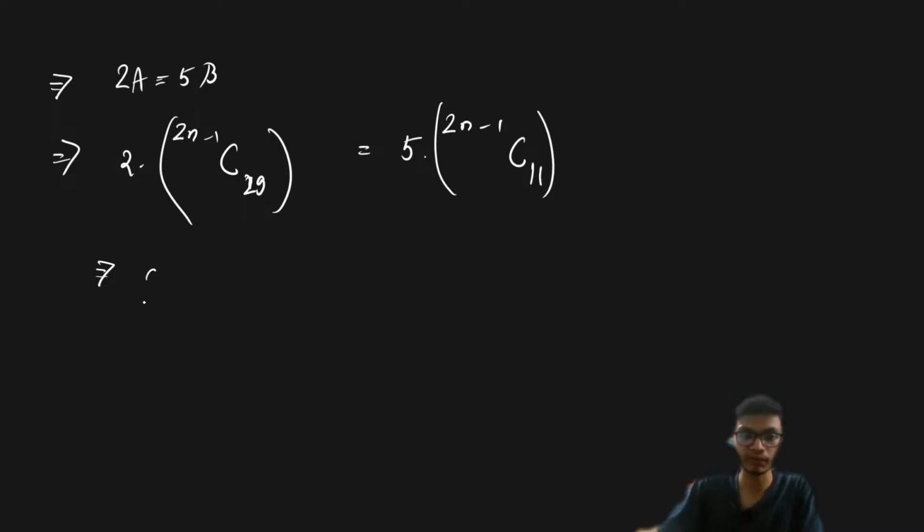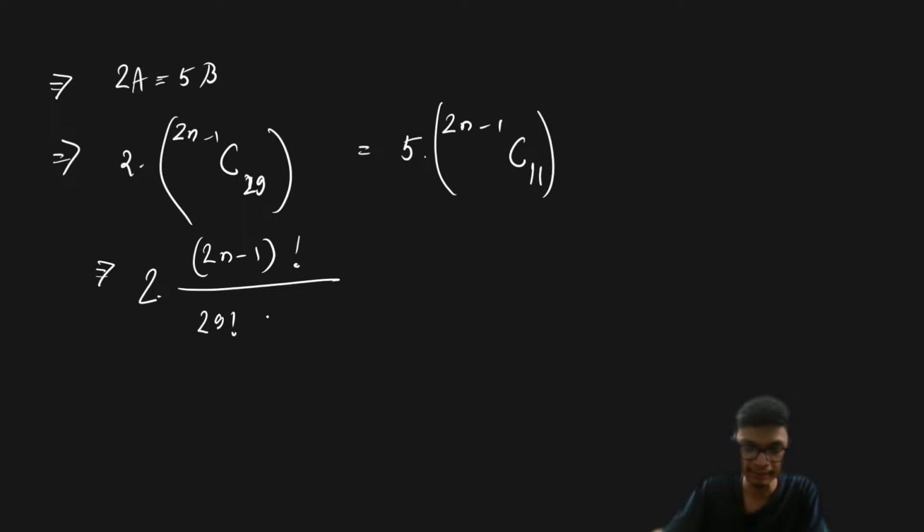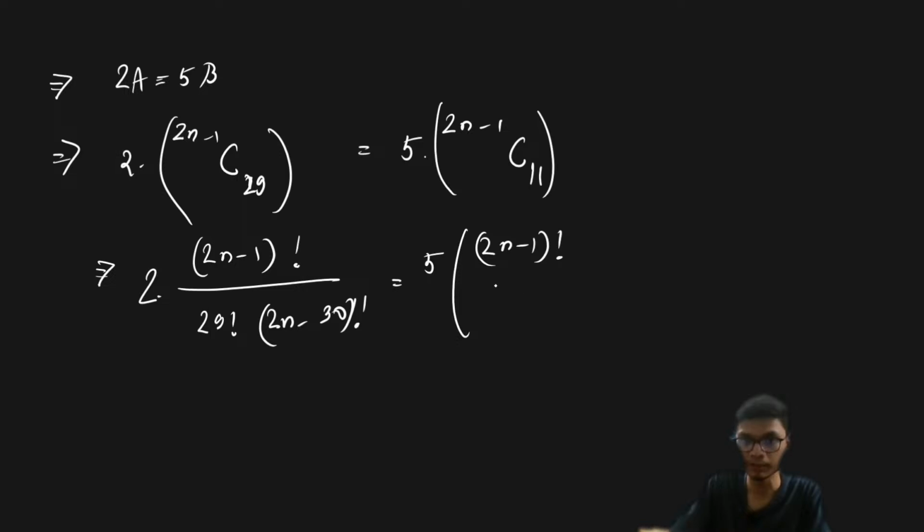Now we will try to simplify this. We know the formula: nCr is n factorial divided by (n minus r) factorial into r factorial. So what I can write over here is equal to 5 into (2n minus 1) factorial divided by 11 factorial (2n minus 12) factorial, right?